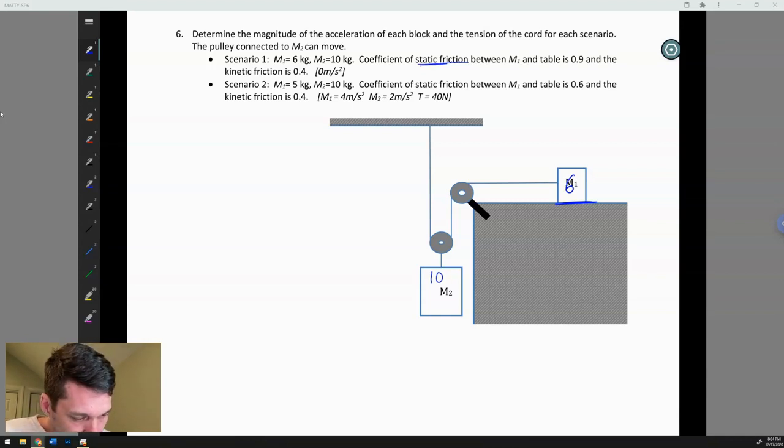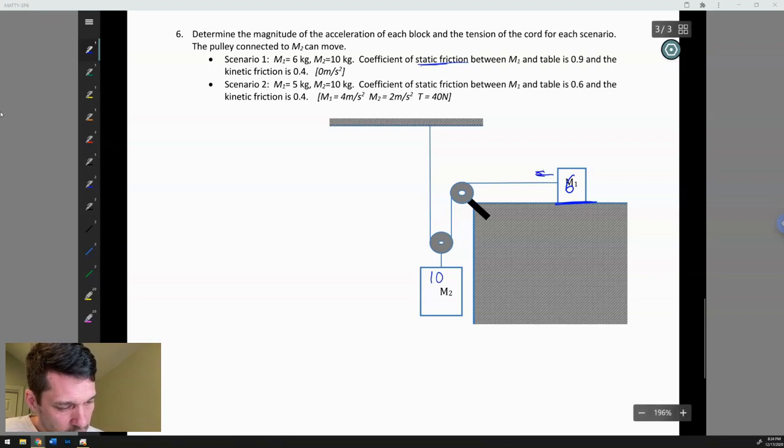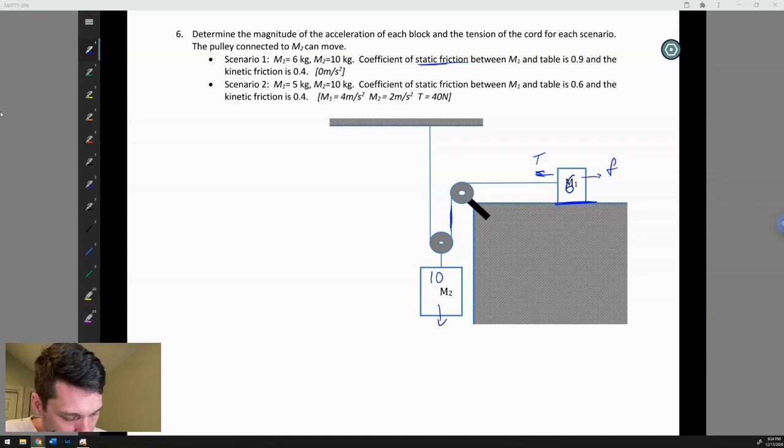There's going to be some tension on this block due to the rope, because of that mass pulling down. The tension is going to pull on this block, but the friction is going to resist its motion. So I need to figure out how much tension is in the rope and how much static friction could there possibly be.